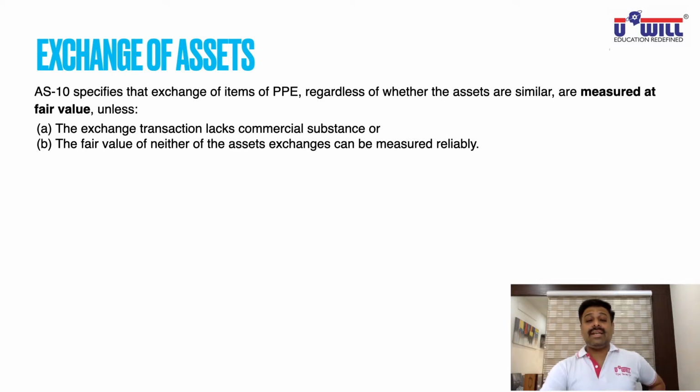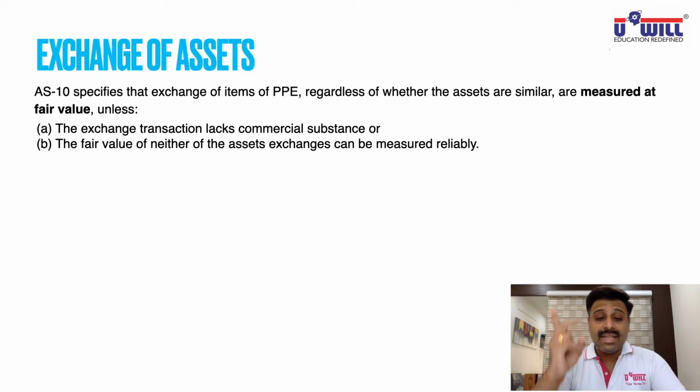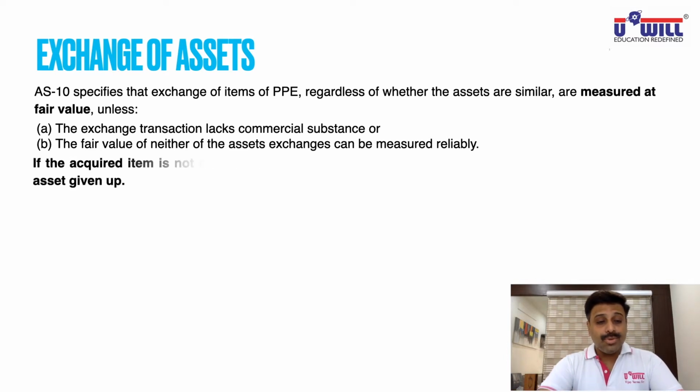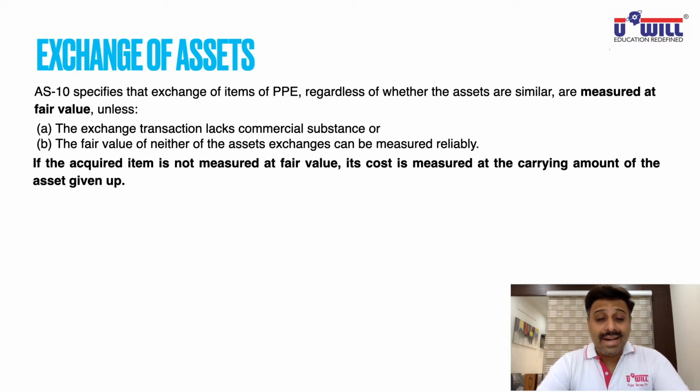So generally the asset acquired in exchange is measured at fair value. And what are the two conditions for it to be measured at fair value? It must have commercial substance and the fair value must be available. If the fair value of neither of the assets is available, you cannot measure it at fair value. So if the acquired item is not measured at fair value, why not?